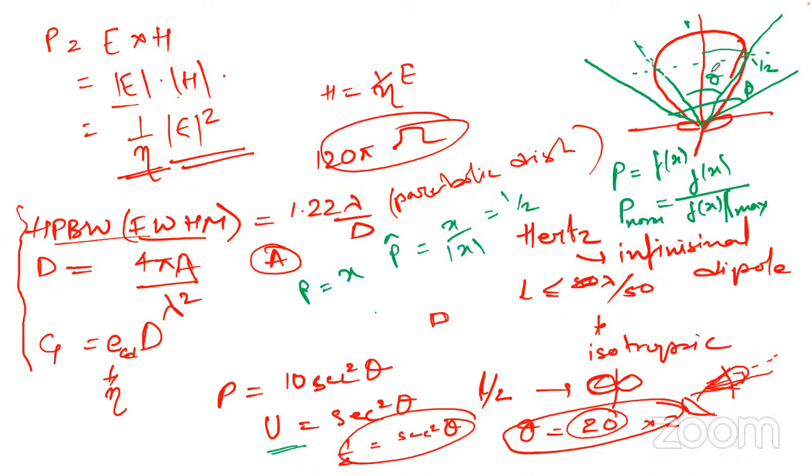It's an approximation. Equating with 0 is the standard way, and the approximation is that first null beamwidth, FNBW, is equal to twice the half power beamwidth. This is an approximation.